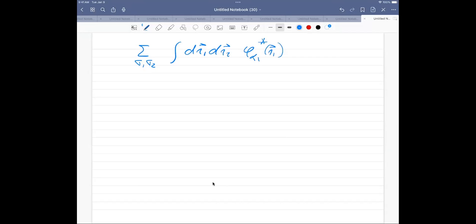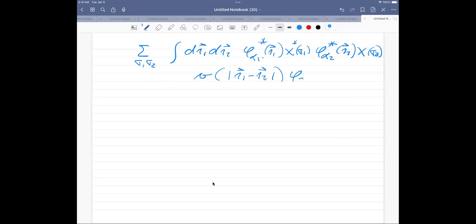And this depends also on the spin value. So this depends as a spin function, which is sigma 1 complex conjugate. And then we have a psi of alpha 2 of r2 here. And then we have a spin part, which is sigma 2. This is multiplied with an interaction now, which depends only on the relative distance.